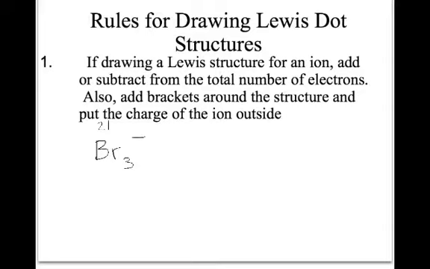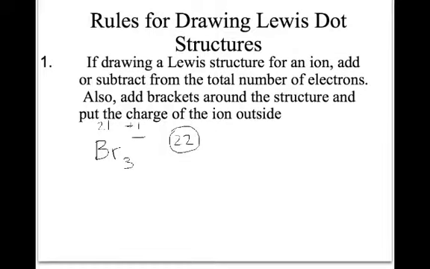And since there's an overall charge of -1, that means we need to add 1 additional electron to the structure, bringing us to a total of 22 electrons in the structure.